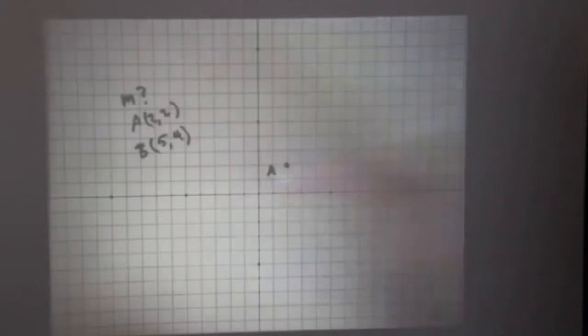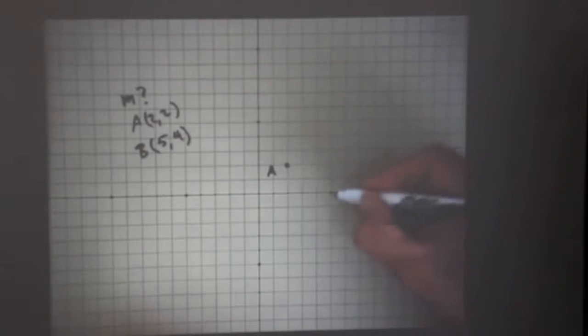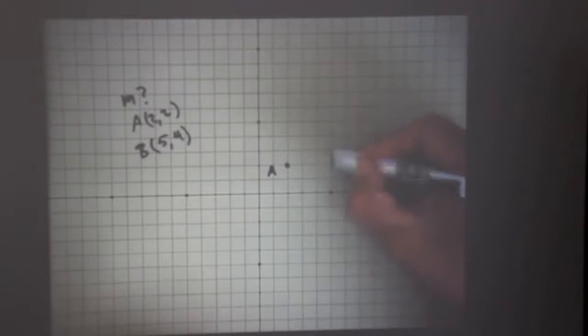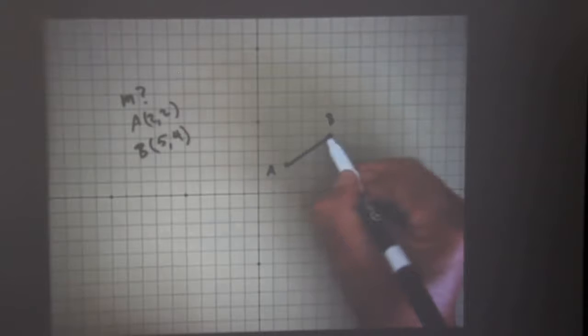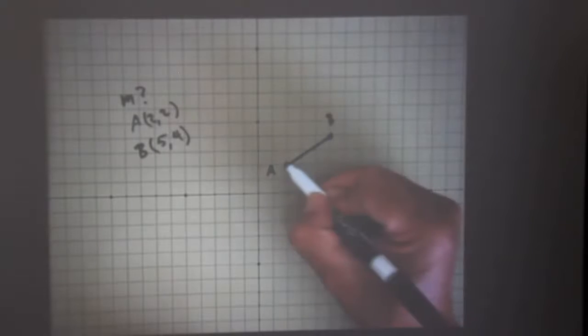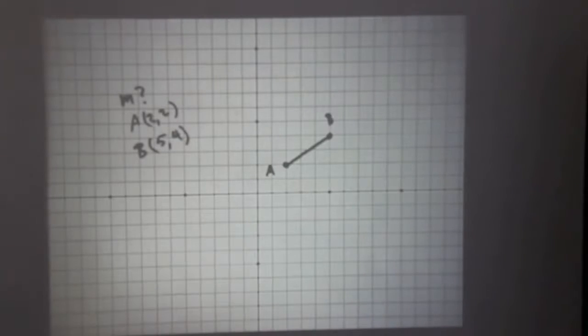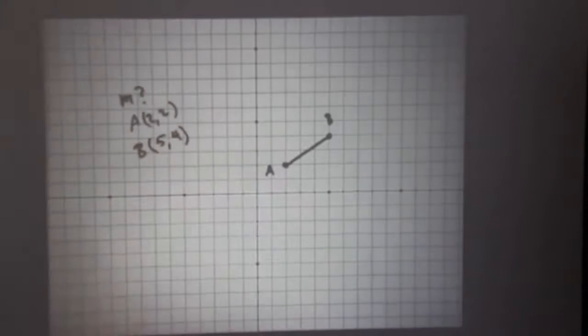Here's point B, 5, 4. That's 2, 3, 4 is right there. There's point B, and if we connect the 2 points together, there's our line segment, AB. It has slope to it, we can see that. There's steepness, just by looking, it should be a positive slope, right? If you're running uphill, this is uphill, so positive.